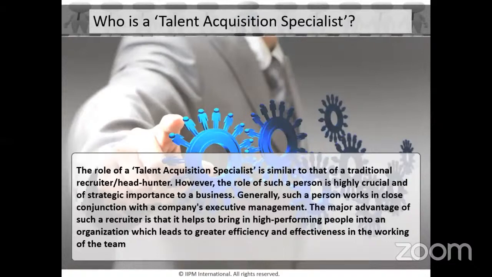However, the role of such a person is highly crucial and of strategic importance to a business. Generally, such a person works in close conjunction with a company's executive management. The major advantage of such a recruiter is that it helps to bring in high-performing people into the organization, which leads to greater efficiency and effectiveness in the working of our team.